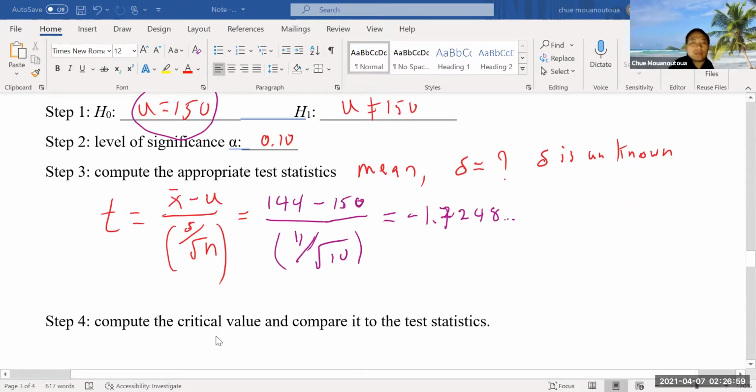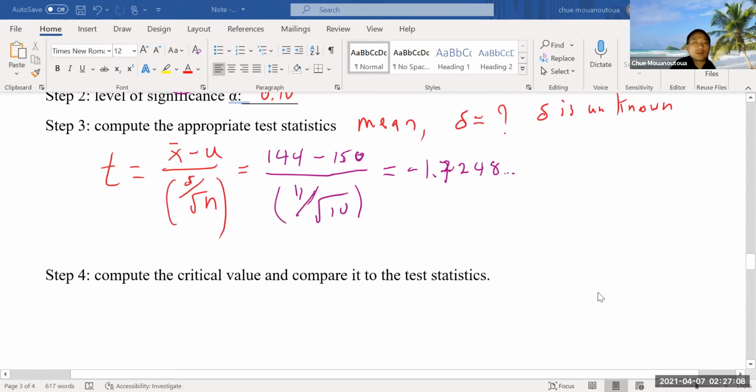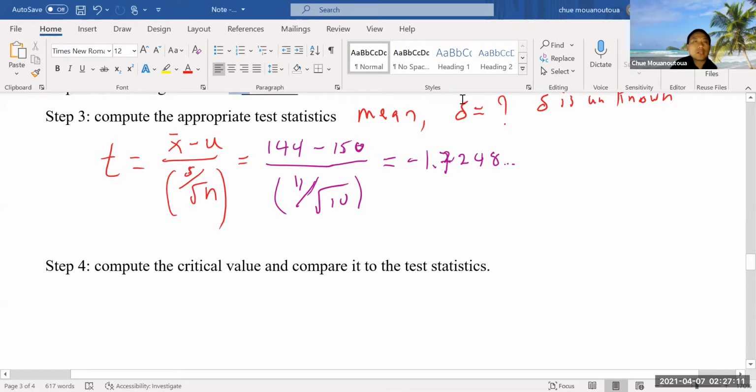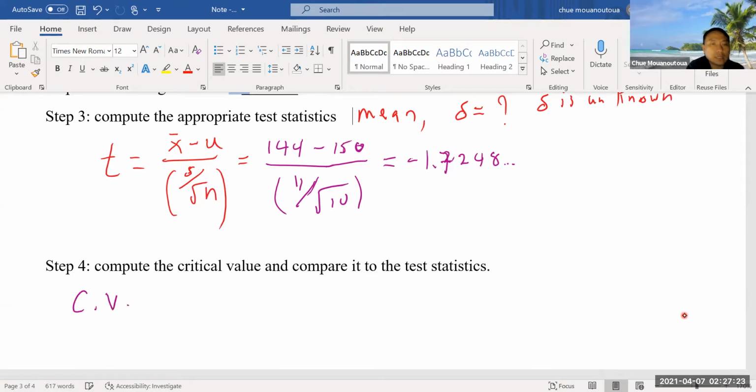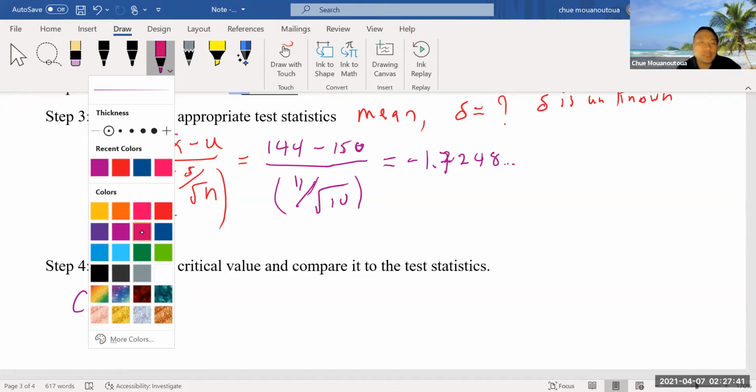All right, the next step then, we want to find the critical value and compare it to the test stat. So now we have the test stat as the t-test. So I want to look at the t critical value, the CVT or critical value t. Because they both use t, I want to know the difference.